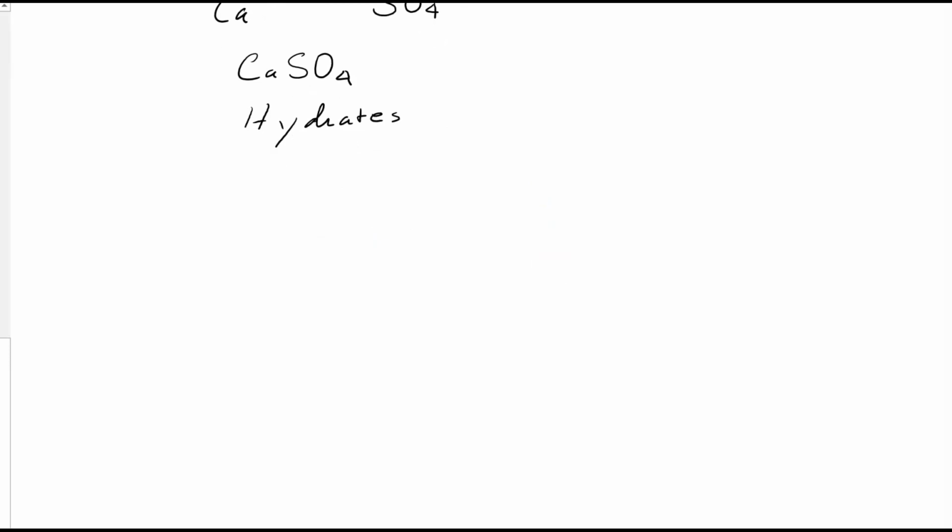In the case of calcium sulfate, this material can form a hydrate, and we write that with a dot, and then we can say how many molecules of water are contained within a unit formula of calcium sulfate. In this case, for each structural component of calcium sulfate, we have 5 water molecules.